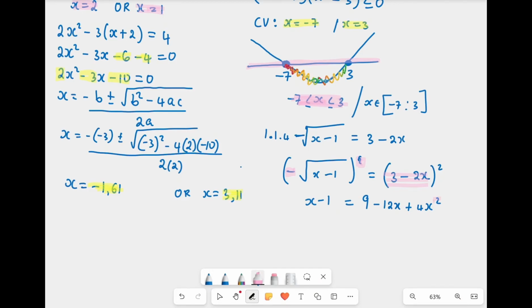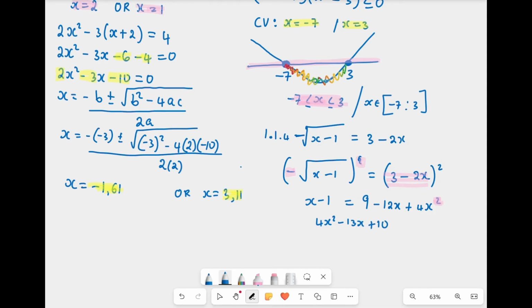And then I can see that the highest exponent is 2. So I need to write my equation in a standard form, in the form of ax squared plus bx plus c. So this will be 4x squared, and then negative 12x minus x will be minus 13x. And then 9 plus 1 will be 10.